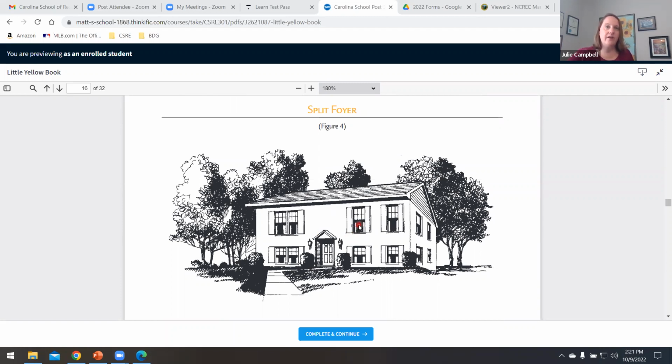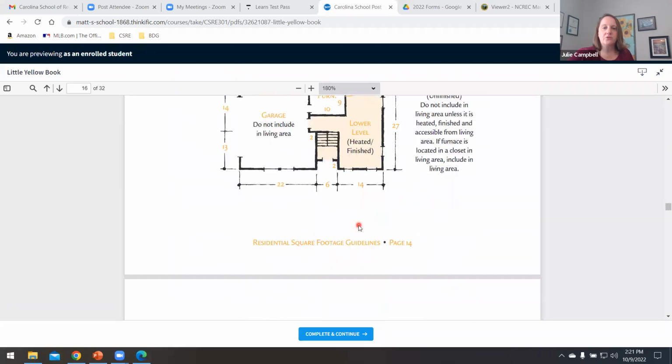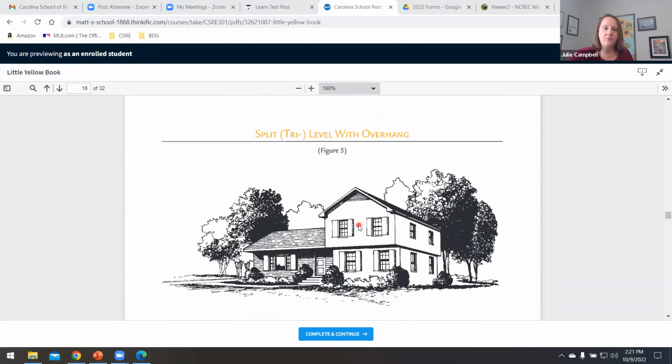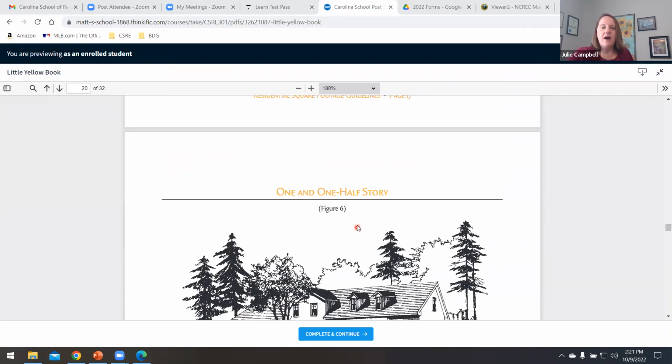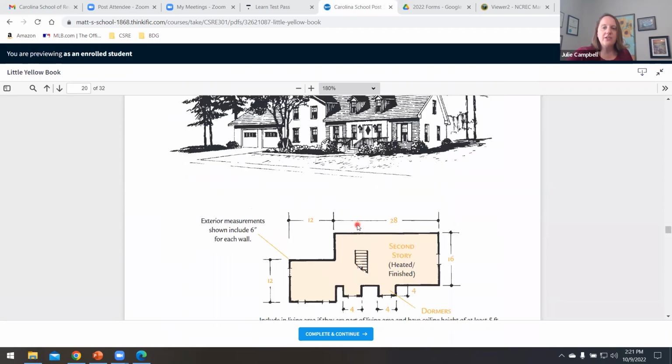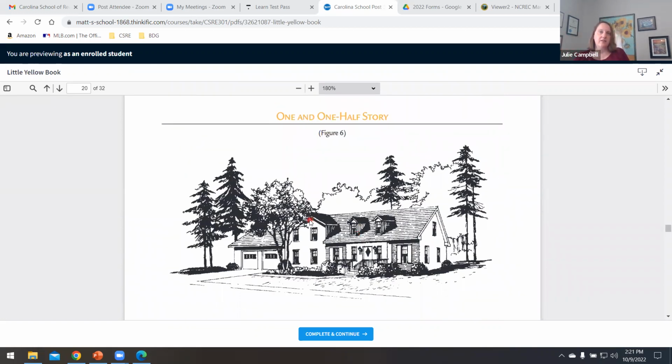You go up, you go down. That's all you can do. So it's a 2-story with a split foyer, a tri-level, maybe a split level, depending on what it looks like. So 1.5 stories. So again, it just gives you various designs that you may encounter.